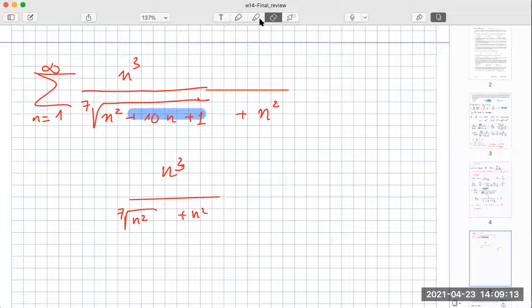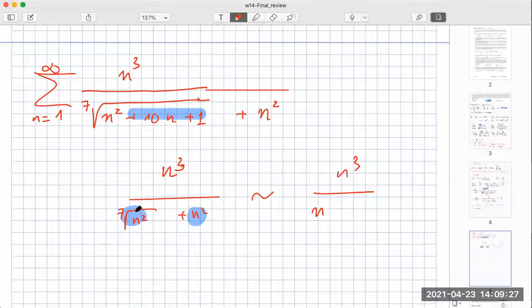Then again, we compare which one is larger. Let us write it differently: it is n to the 2 over 7, plus n squared.